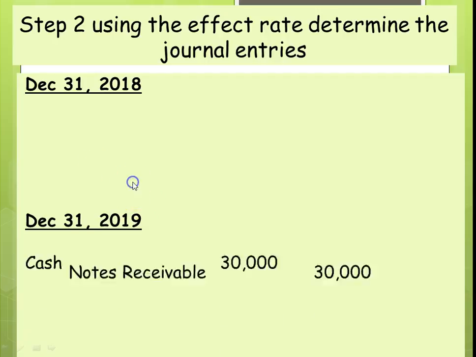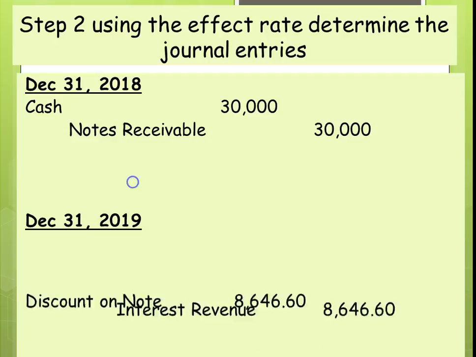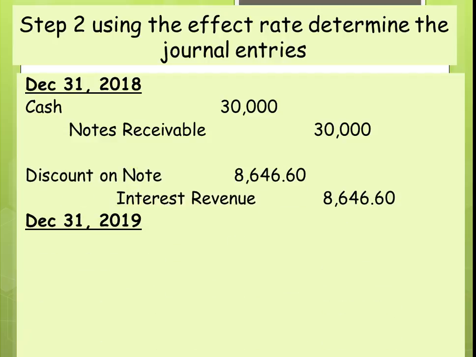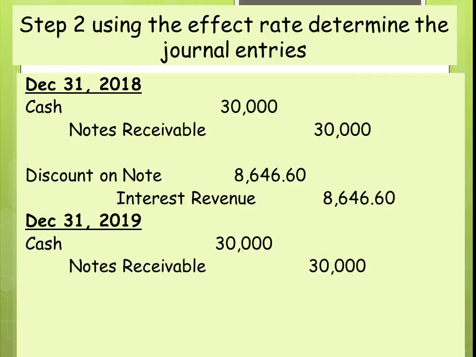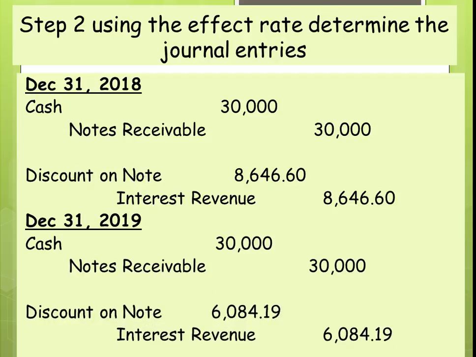For the first year, first payment, the cash is going to be $30,000. The notes receivable is going to be $30,000, and then we're going to amortize that discount on note and book $8,646.60 as interest revenue. In the next year, we're going to do the same thing, but now we're going to have interest revenue as $6,084.19 from our amortization table.